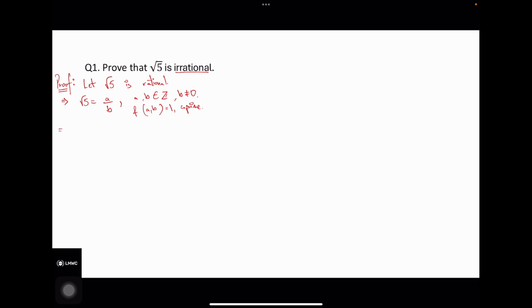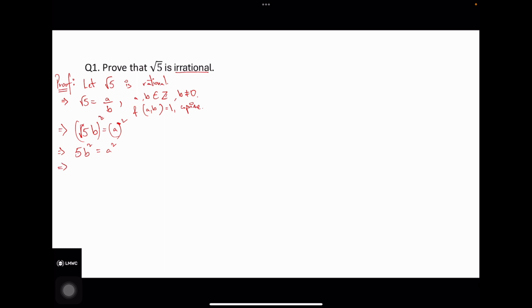Now we take the cross multiplication, so this becomes root 5 times b equals a. Now taking the square on both sides, this becomes 5b square equals a square, since the square root and the square get cancelled, so this becomes 5, and this square belongs to b, so this is b square.